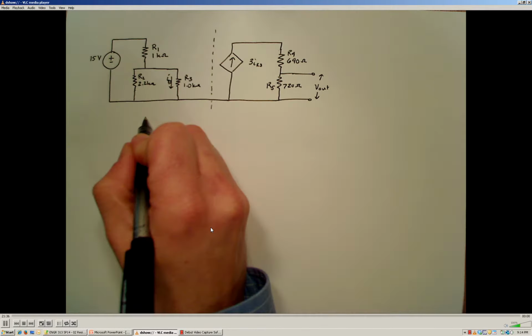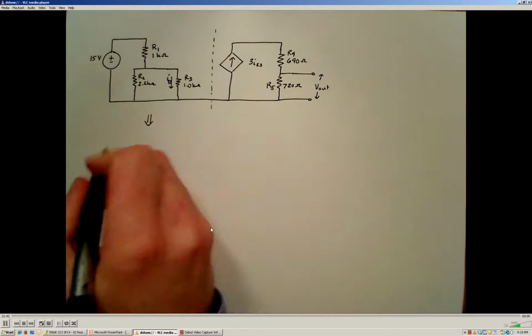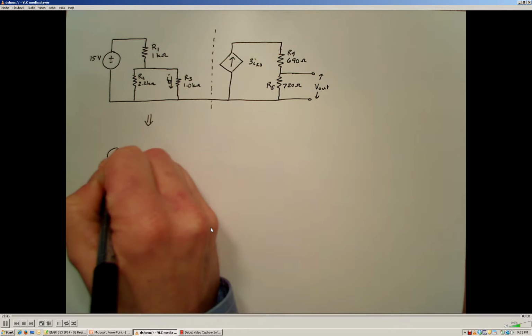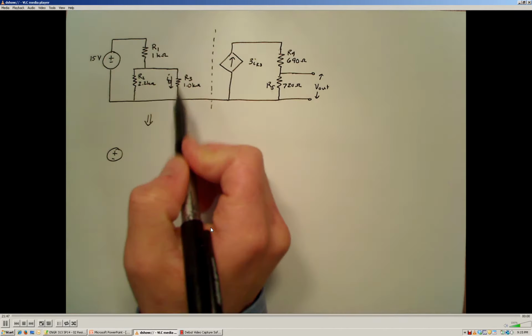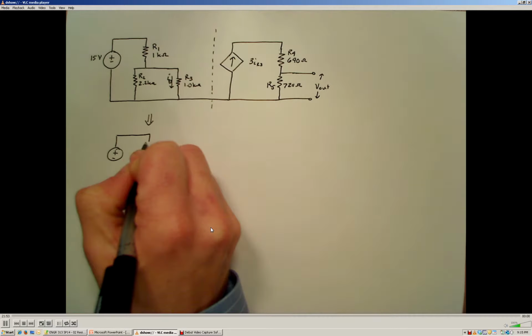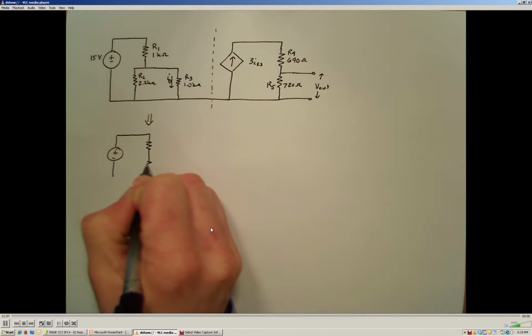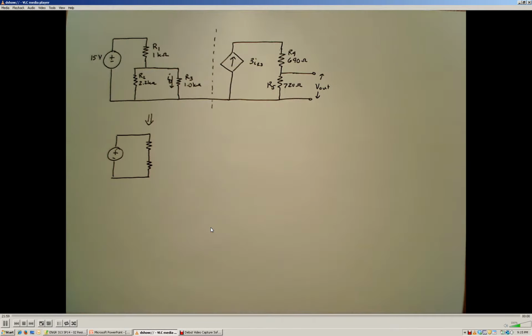Using the equivalent resistance, we know that we can combine R2 and R3 into an equivalent resistance because they both have the same potential difference across them, so they are in parallel with each other. Parallel resistance elements can be combined using the inverse reciprocal addition.